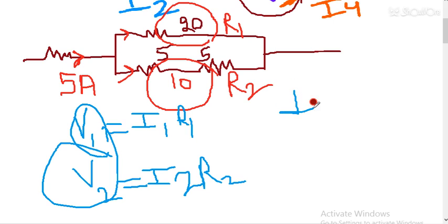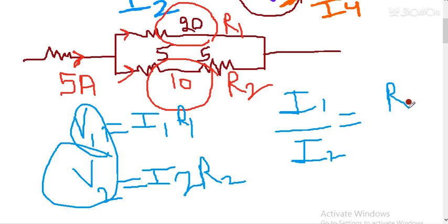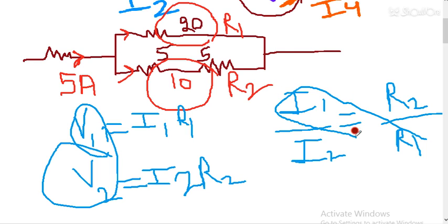You can simply say I1 by I2 is equal to R2 by R1. So students, how you can see the current is changing?